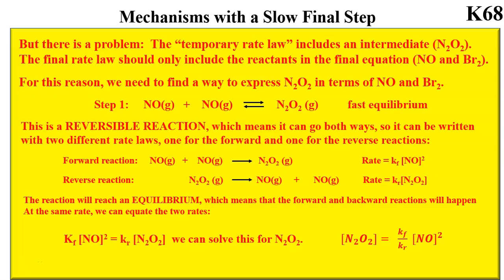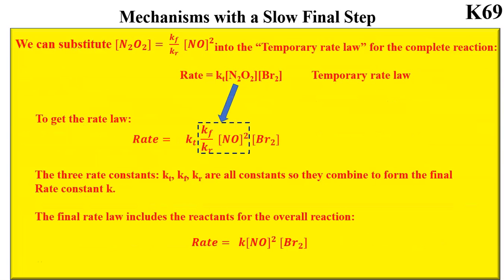So when we go to the next slide, we take that temporary rate law that we can't use because it has N2O2 in it, and we substitute in kf over kr times [NO]^2. Then we can combine all of those rate constants, the temporary rate constant and the forward and reverse rate constants, into the final rate constant k for this reaction.